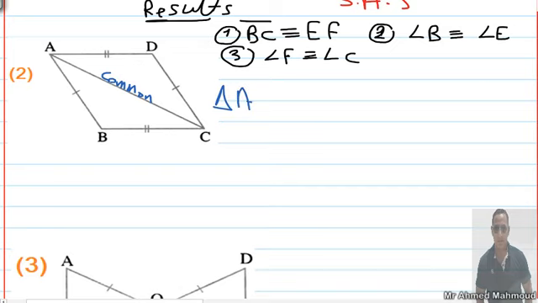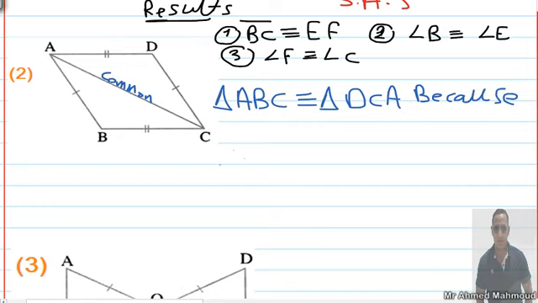Then I can say that triangle ABC is congruent to triangle DCA because number one, AD congruent to BC.